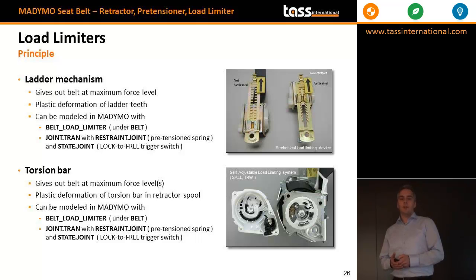And a more modern system is the torsion bar load limiter, where the mechanism of giving belt is designed with a torsion bar inside the belt spool. The load limiters in MADYMO can be modeled with the keyword belt load limiter, or again with a rigid body and a translational joint with switches.